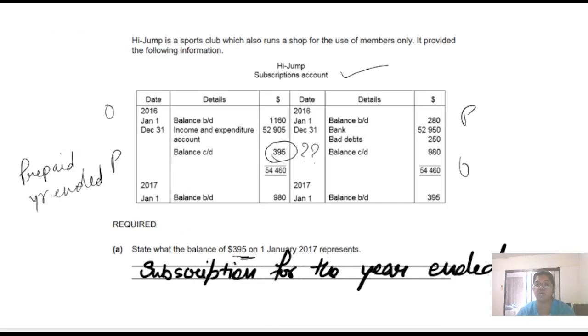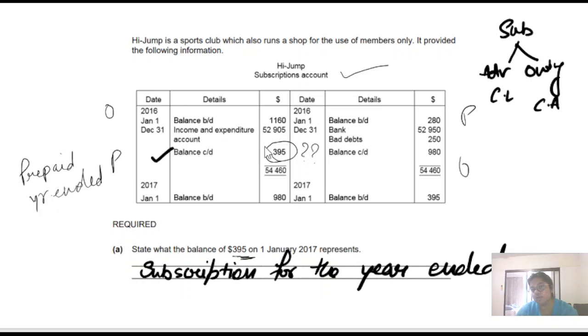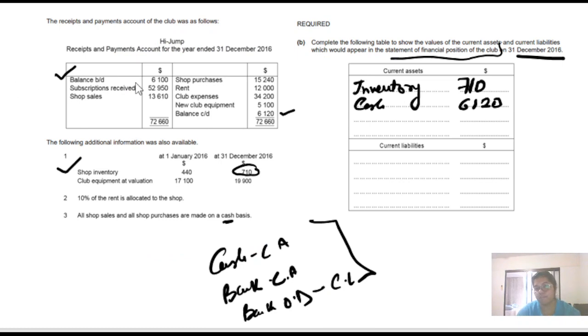After that, in the first slide you came to know this is your subscription. I think you know this: subscription advance and subscription owing. Subscription owing is your current asset and subscription advance is your current liability. Subscription advance, that is 395, is your current liability, so you have to record it here: subscription advance 395.